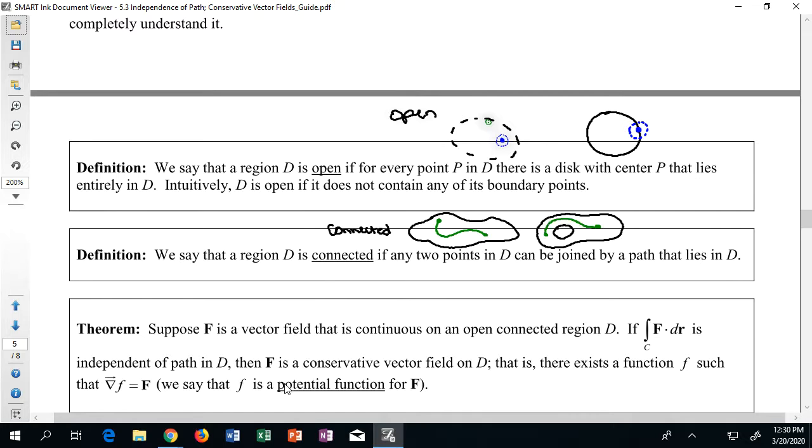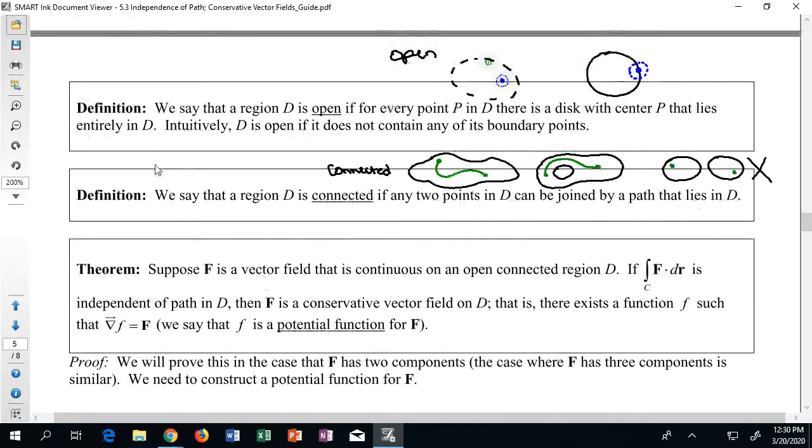But I can easily imagine something that's disconnected, by saying, what if this is the region? Now, if I want to get from here down to there, I can't do that and stay inside the circles. So this over here would not be considered connected. Again, these ideas are important for the next theorem.